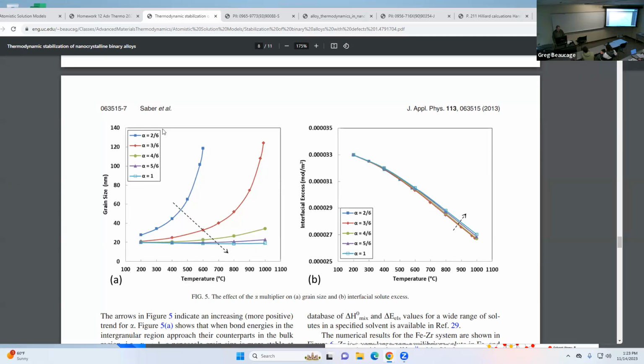When alpha gets smaller, the energy of the interface drops. Somehow that drives the grains to grow. Should be the other way around, I guess. Anyway, I guess you have to figure out why that is.